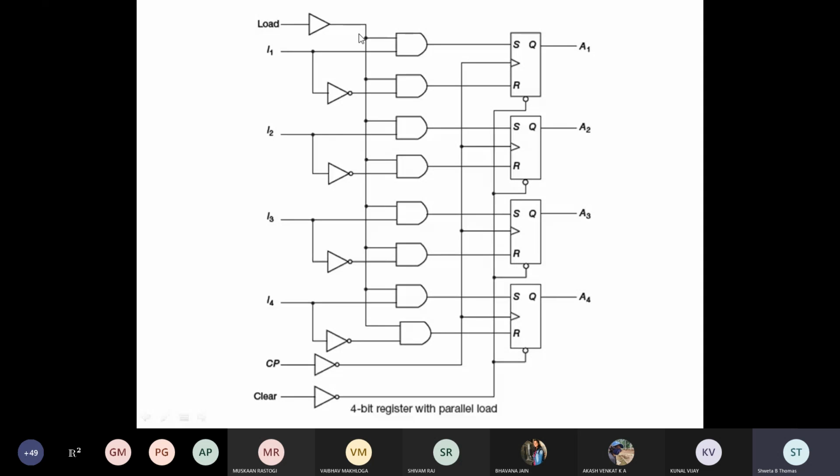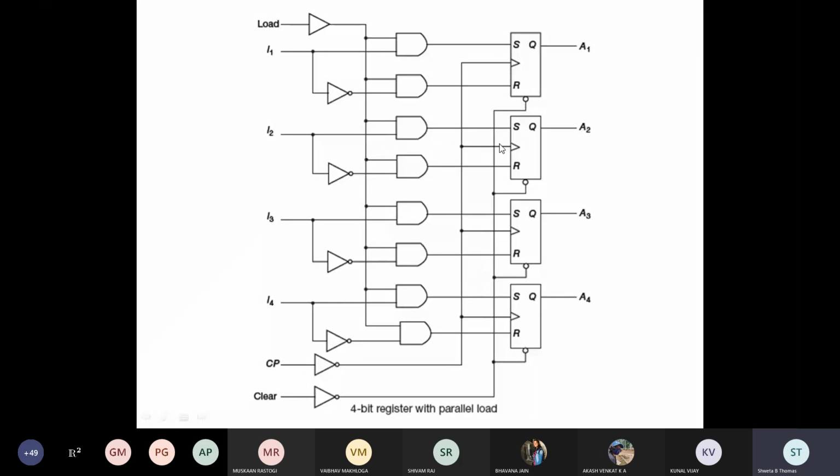So it will work only when the load input is equal to 1. First point: for working of this parallel register, the load input is equal to 1. When the load input is equal to 1, then in all 4 flip-flops, any one of S or R will be equal to 1 or 0 at a time.